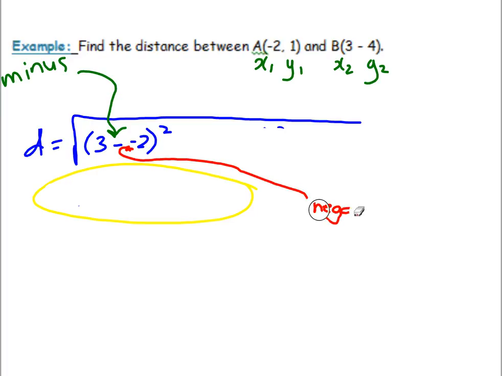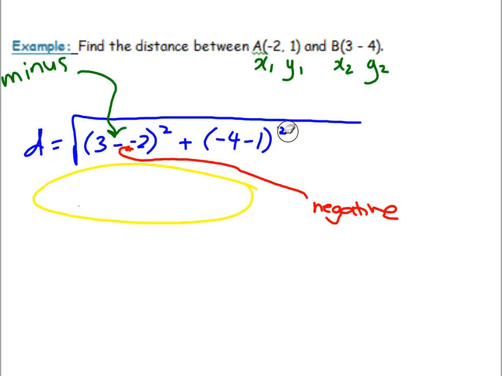So by that I mean your negative button for this, subtract button for that. So that's maybe a good thing, like we were saying before, to make a note of that. Plus y2, so plus, open bracket, y2 minus y1. So that's negative 4 minus 1. So negative 4 and subtract 1 squared.